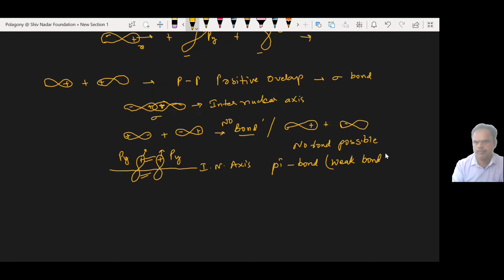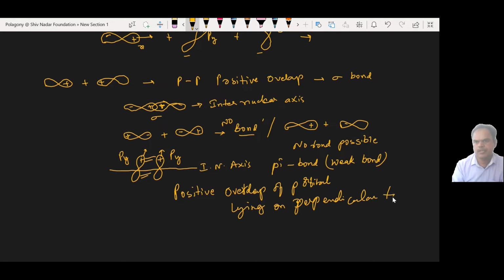This is positive overlap of p orbitals lying perpendicular to the internuclear axis.